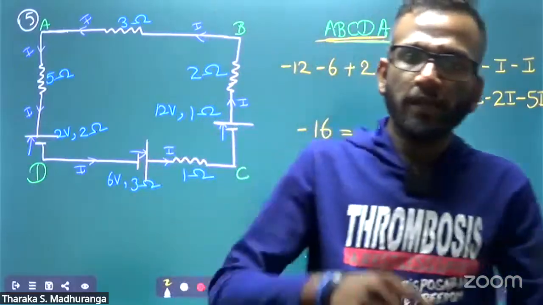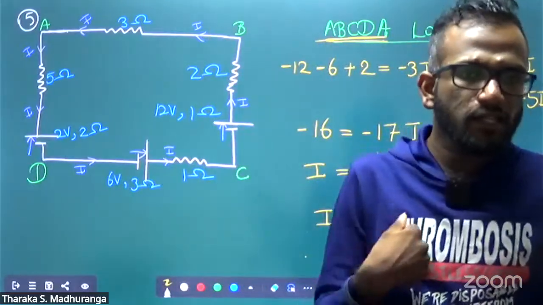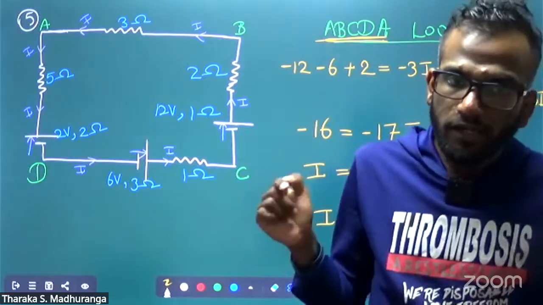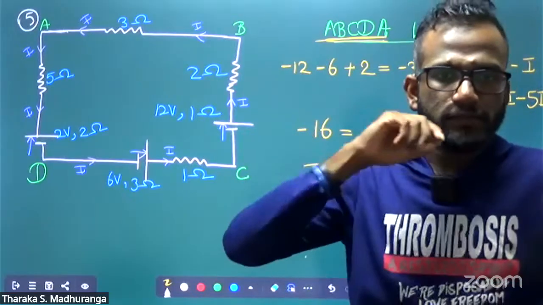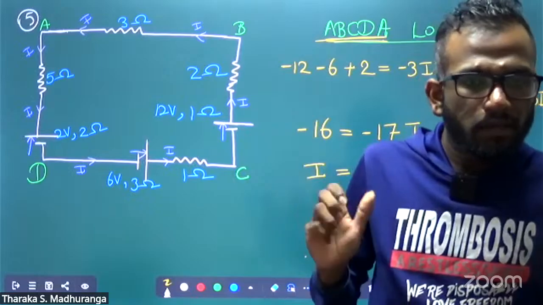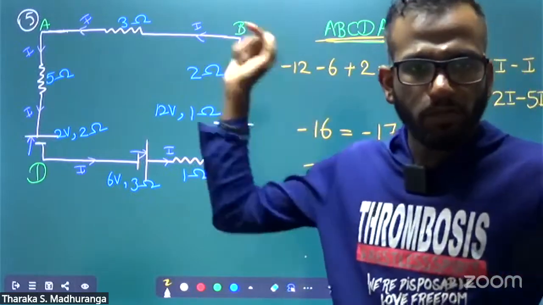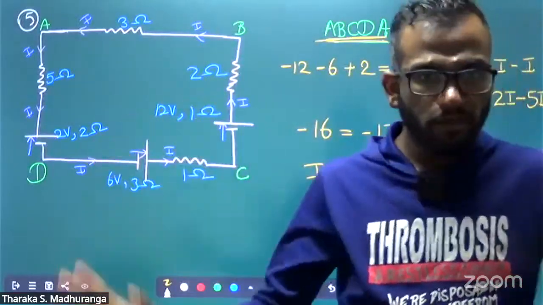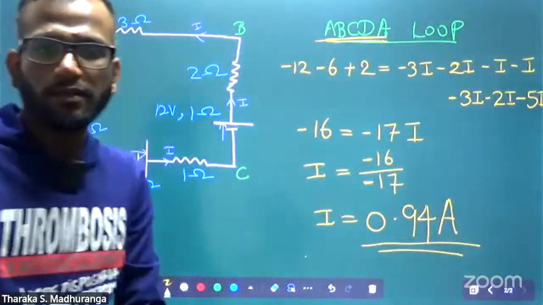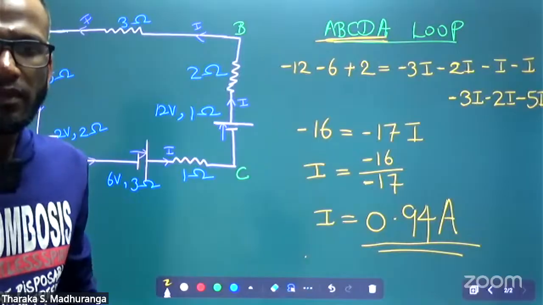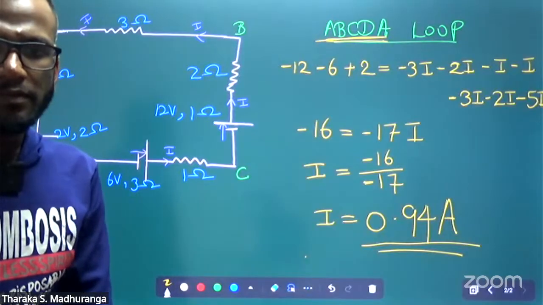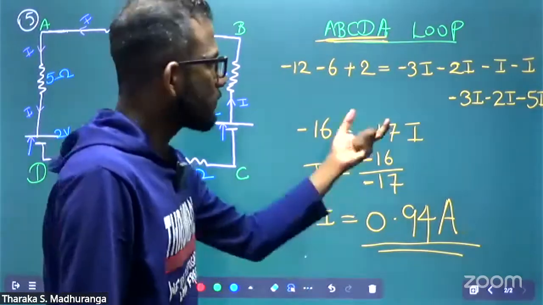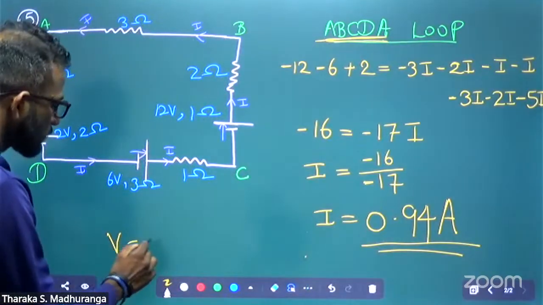My considering direction is A to B, but the current I marked is B to A. Only think of that. I marked the current direction B to A, but I consider the loop A to B. It is opposite, not the same direction. That's why it is minus 3I.